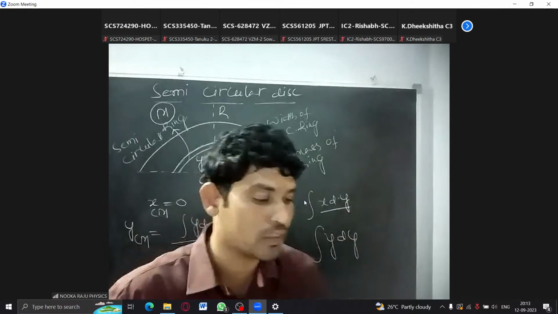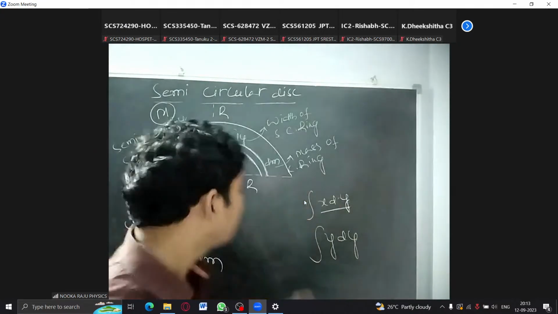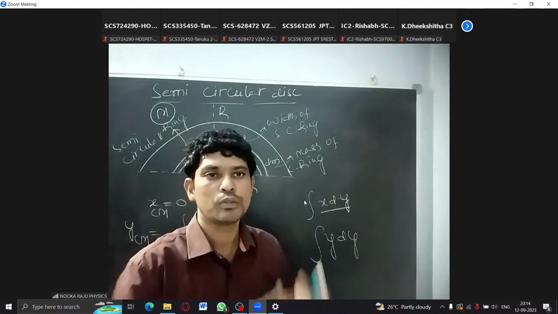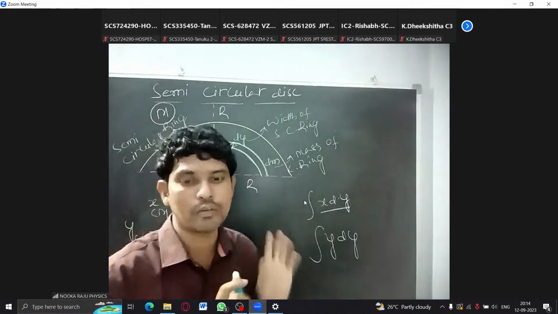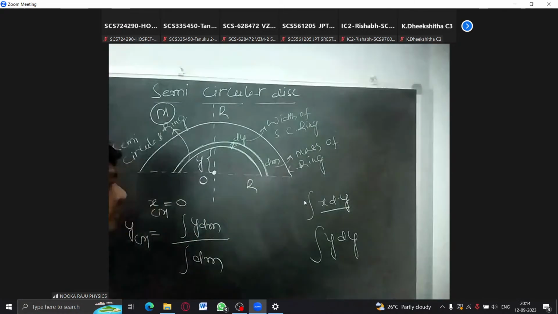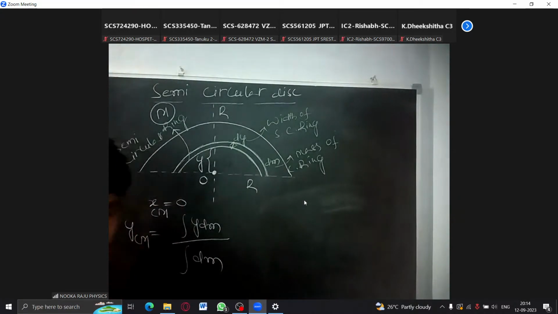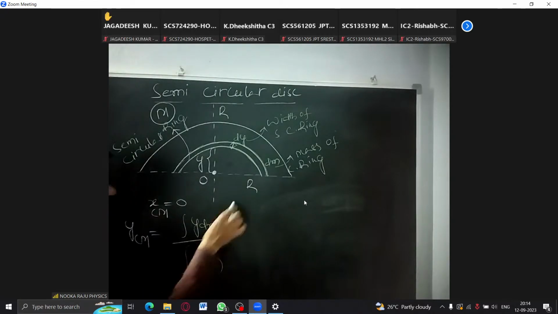So first of all, you have to convert into similar terms. Whether it is x or y is not a matter. So here, what are the main variables? The dm value. Can I find out the dm value?